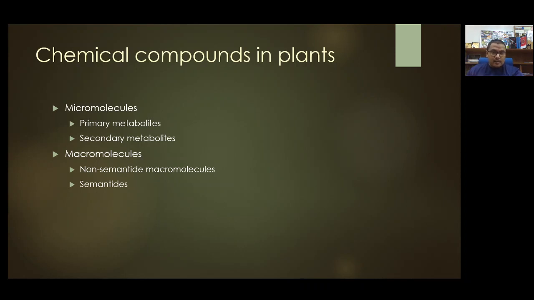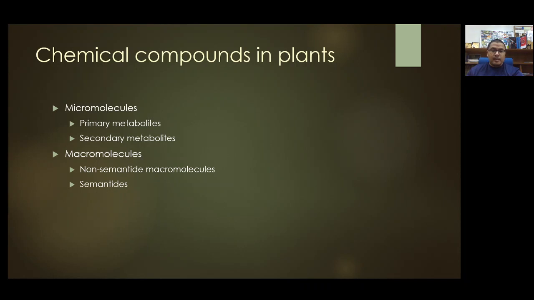In other cases, the results are at variance, thus calling for revision of such schemes. So the natural chemical constituents are conveniently divided into micromolecules, which can be primary metabolites and secondary metabolites, and also macromolecules, which can be non-semantide macromolecules and semantide macromolecules.